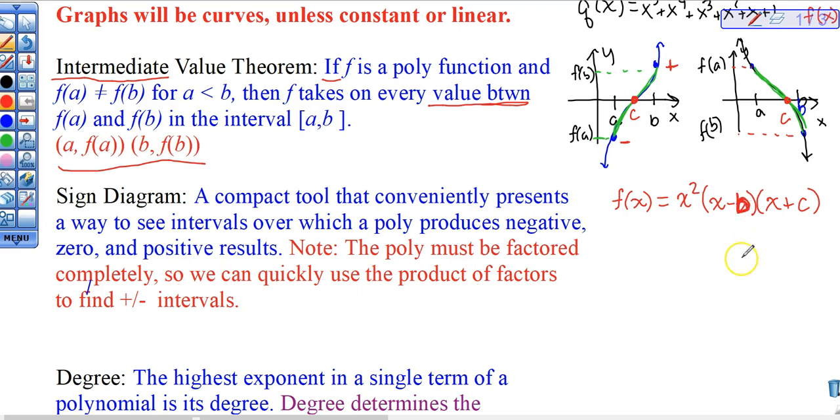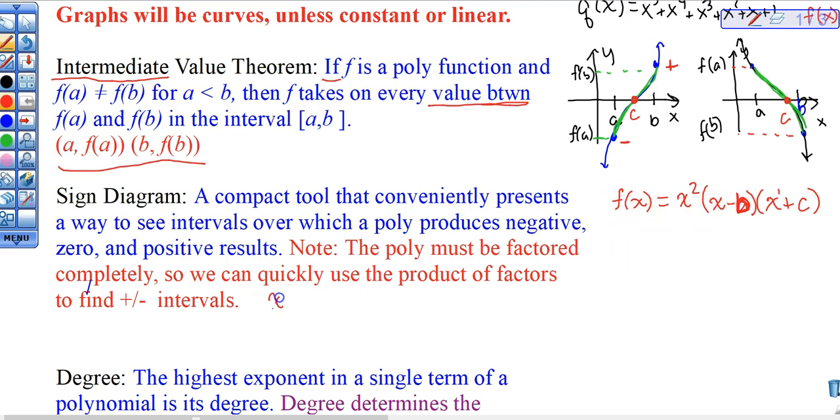Remember, b and c are numbers. Okay, so is this a polynomial, all x's? Yeah, because b and c represent numbers. And are my x's raised to positive integer powers? Right. This is x to the 4th if you multiply it out, if you expand it and then simplify. Okay, so it's already factored.